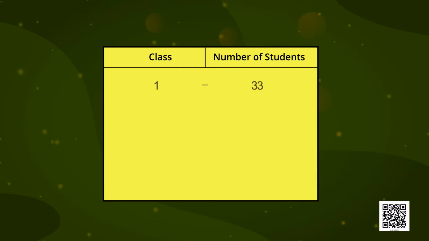Class 1 has 33 students. Class 2 has 32 students. Class 3 has 42. Class 4 has 50. And Class 5 has 53 students.